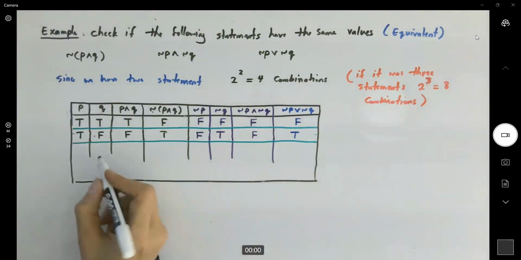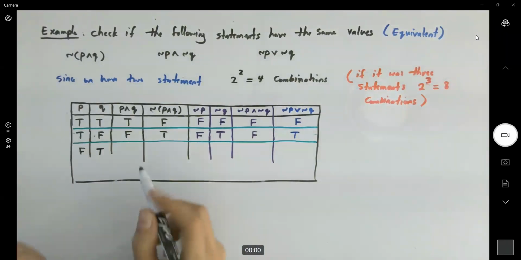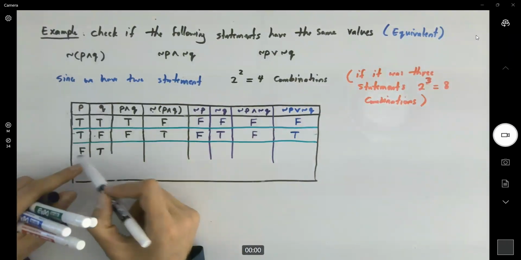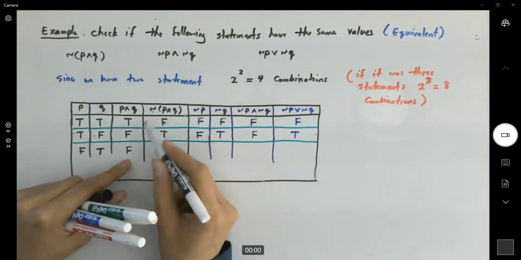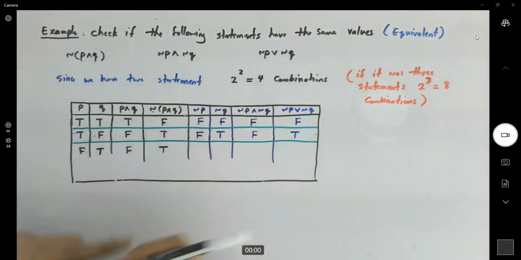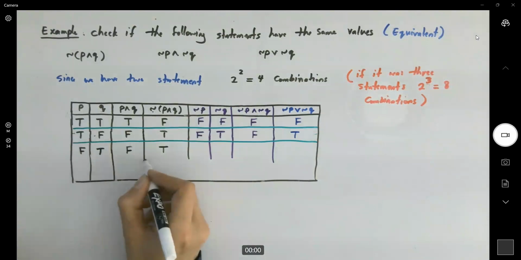Now, what if my first statement is false and my second statement is true? True and false is false. The negation of false is true. Okay.